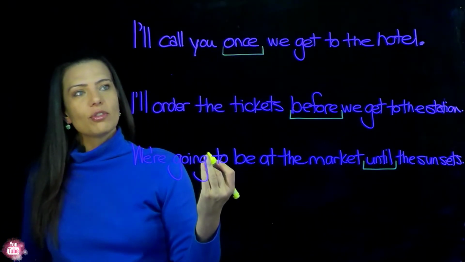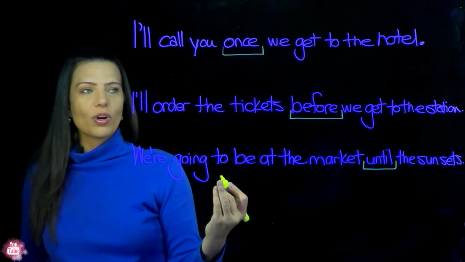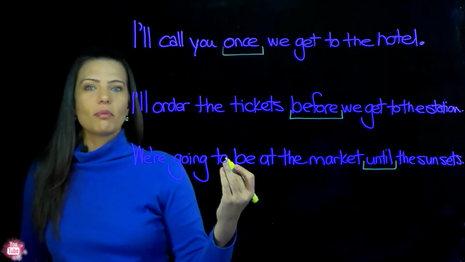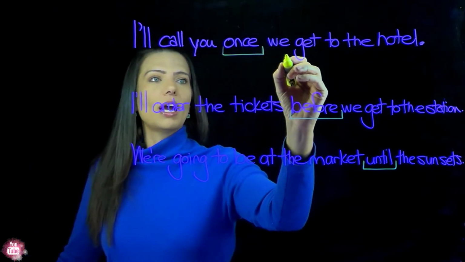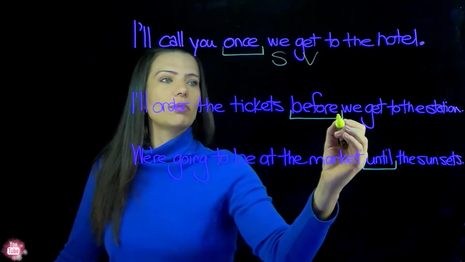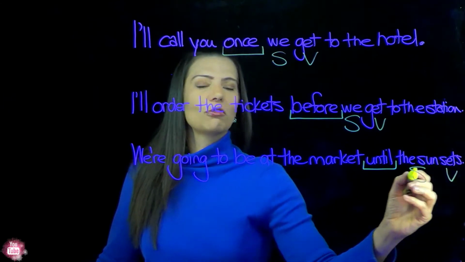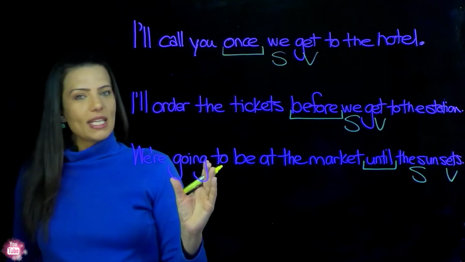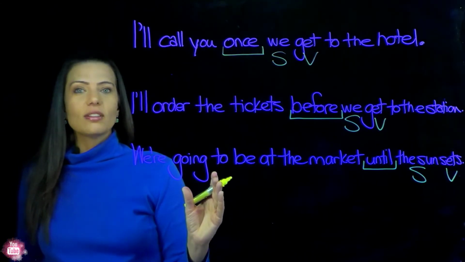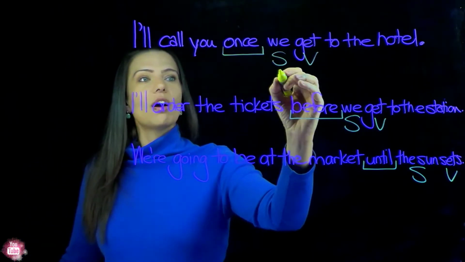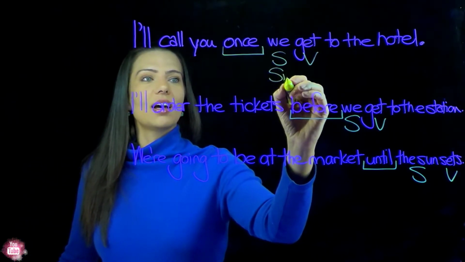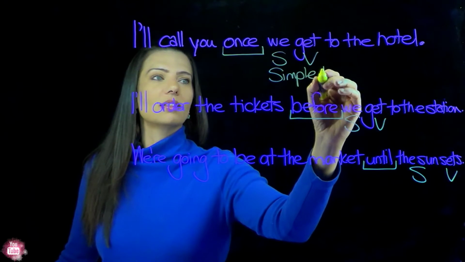So after those future time words, we have the future time clause. So here we have the subject and the verb, we have the subject and the verb, and the subject and the verb. When we take a look at those subject-verb combinations, we see that those are written in the simple present.